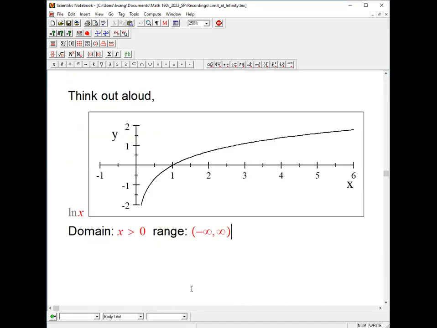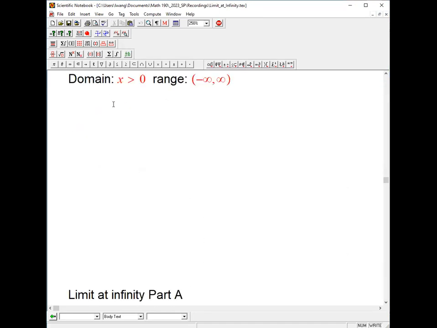Last but not least, I think I'll just do one more. It's time to close this. Example number 11. I choose a question which involves logarithm.